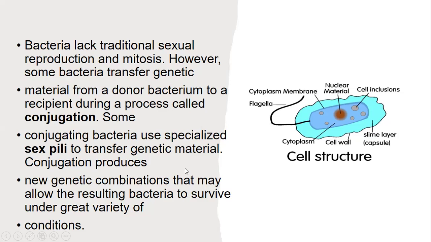Conjugation produces new genetic combinations that may allow the resulting bacterium to survive under a great variety of conditions. So conjugation is the only process by which bacteria transfer their genetic material from one bacterium to another. In this process, reshuffling of the genetic information is carried out.